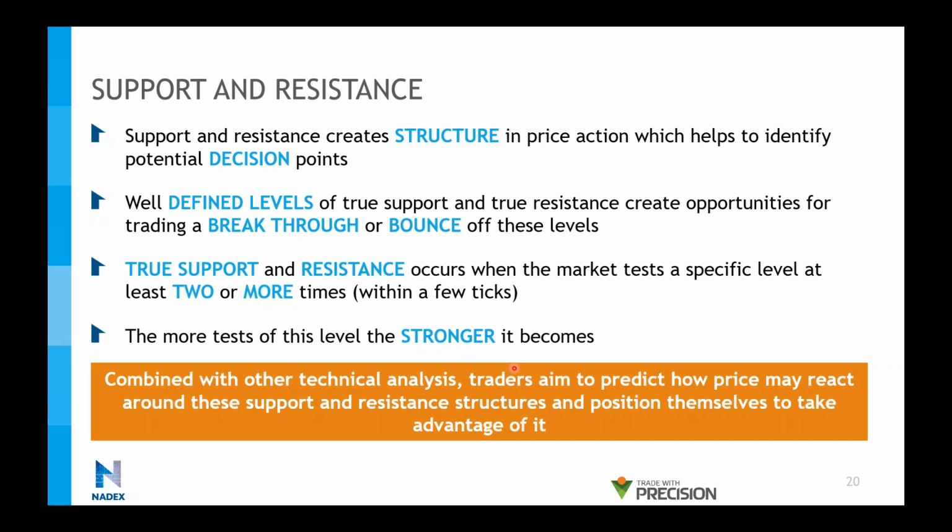With the sloping trend lines, you always have that issue that obviously that line is sloping, and you will always have to measure what is the current level of my sloping trend line right now. You will have to adjust your orders all the time. And are you really 100% sure that you have drawn that trend line in correctly? And all this is gone when it comes to horizontal levels of support and resistance.